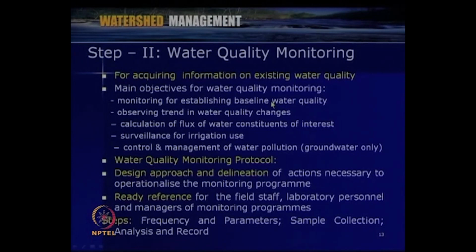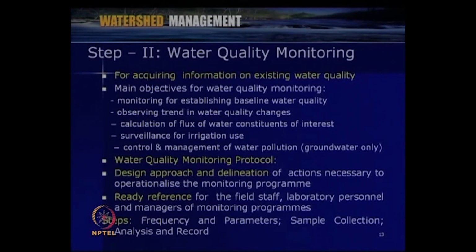So, we can keep a certain minimum baseline and then see whether we are meeting it. Then observing trends in water quality changes, from one season to another, from summer to monsoon, or monsoon to spring or winter season, how the parameters are changing.